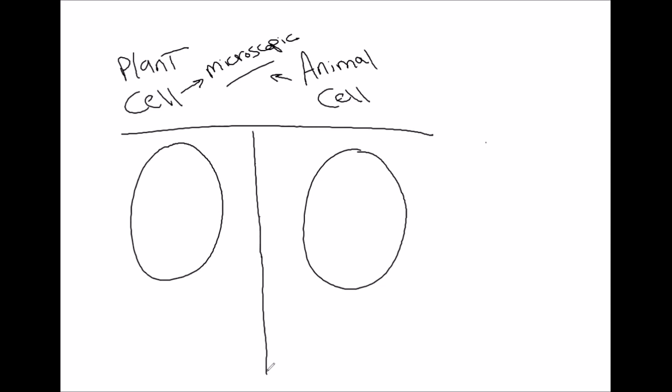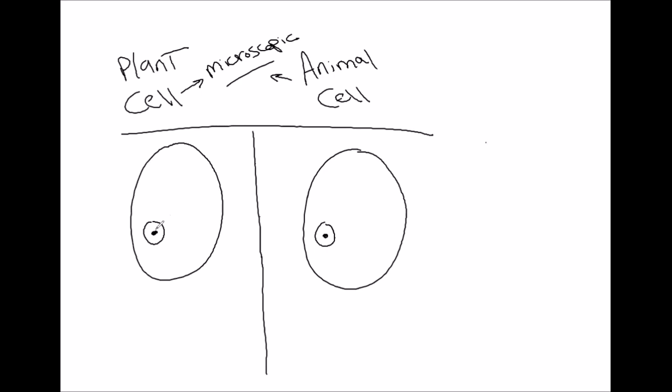Both plant cell and animal cell share a brain, like both of them have a brain that controls them. We call it nucleus. Guys, you are repeating after me, okay? So we call this nucleus, which is the brain of the cell or the control center of the cell, okay?